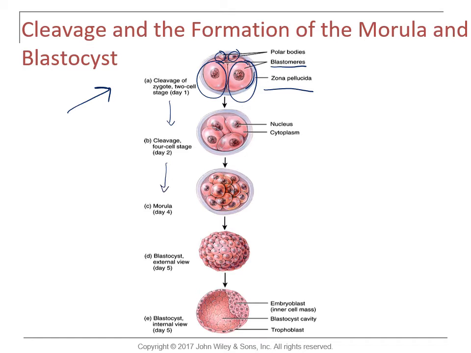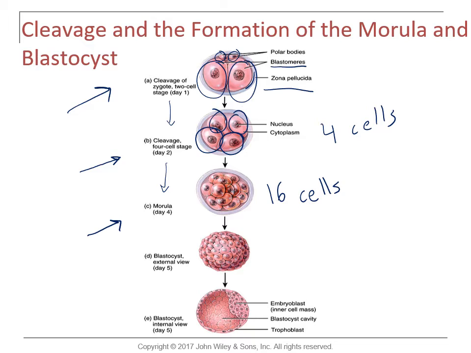Here, day 2: by the second day after fertilization, the second cleavage is completed and it has 4 cells. As you can see here, we have 4 cells. And then by the end of the 3rd day, there are 16 cells. The progressively smaller cells produced by cleavage are called blastomeres.